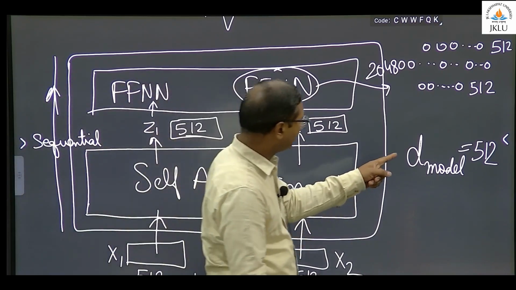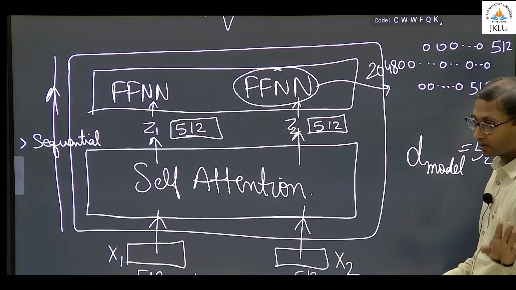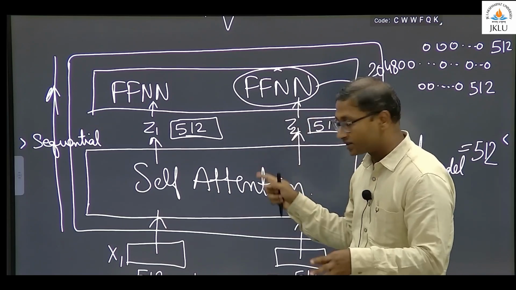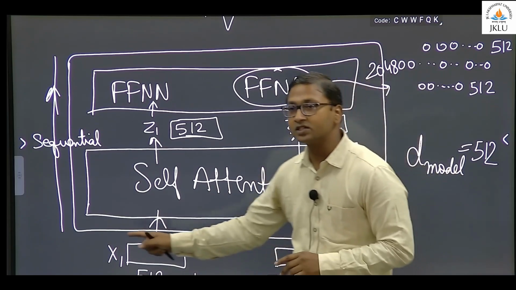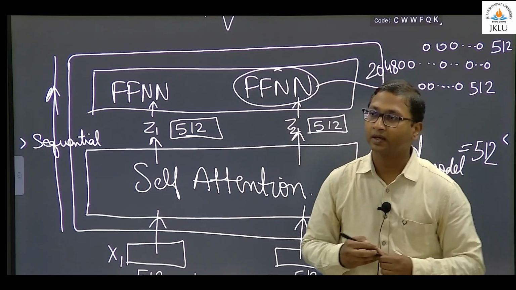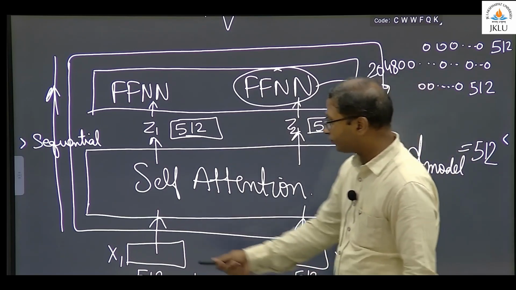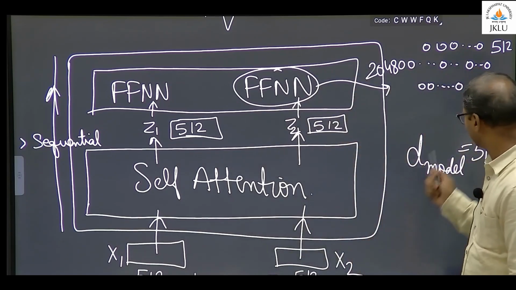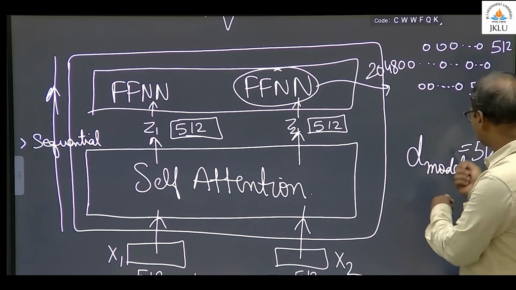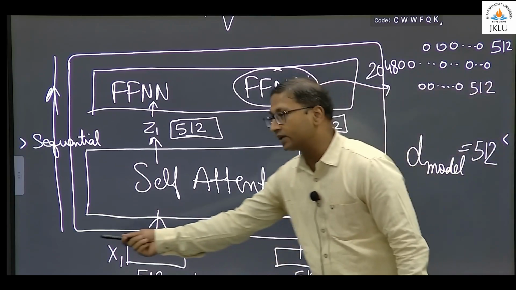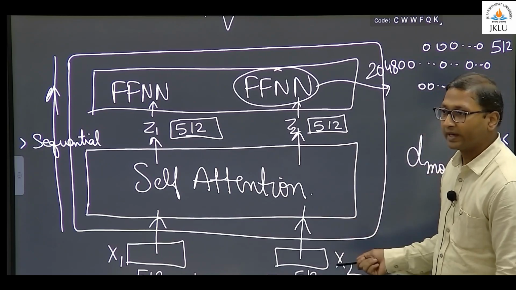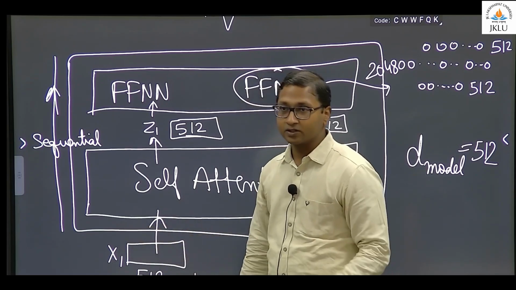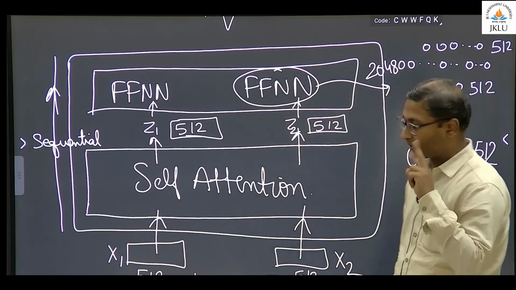This is called D model, which is there in the transformer paper. D model for the transformer in Attention Is All You Need is 512. What does D model mean? It means I will have x1 all the way to x of D model, which is 512. If you change this to 1024, then I will be taking x1 to x1024.